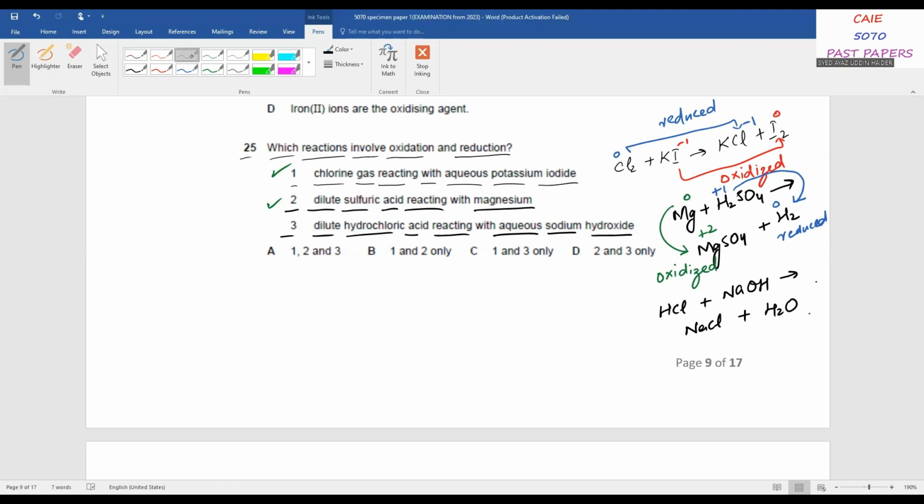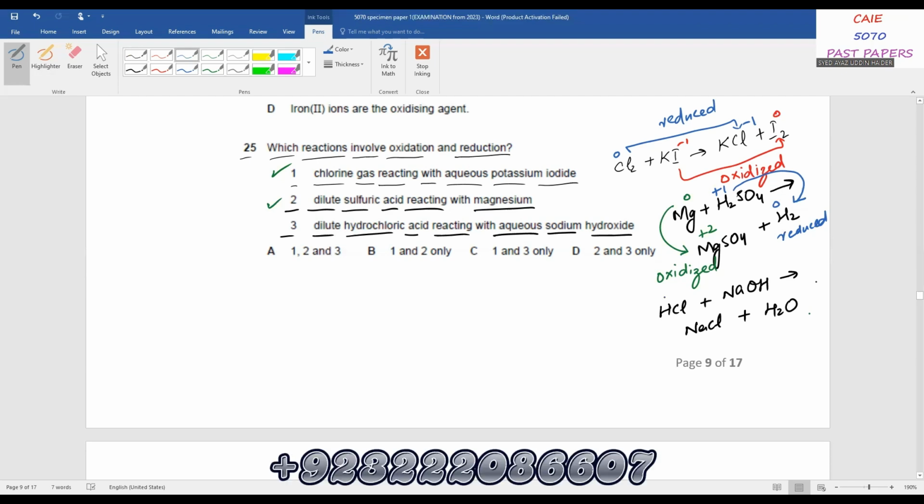For your convenience, I am writing the oxidation number of each element in this reaction. Hydrogen is +1. Here is also +1. On the product side, again it's +1 because it is attached to oxygen. Chlorine -1, product side is -1.